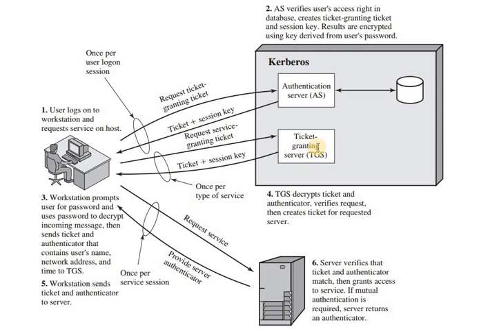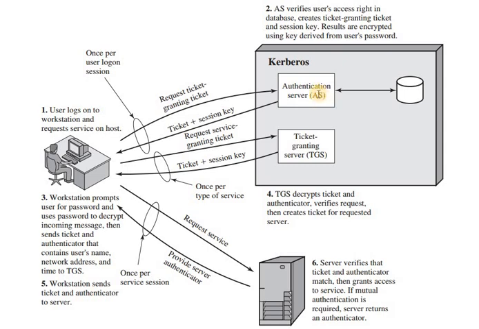To decrypt the ticket, as I told you, the TGS uses the permanent key that it shares with the AS, and similarly, the server uses the permanent key that it shares with the TGS to decrypt the ticket that the TGS sends, in other words, the service granting ticket. In addition to those long-term keys, Kerberos uses session keys.